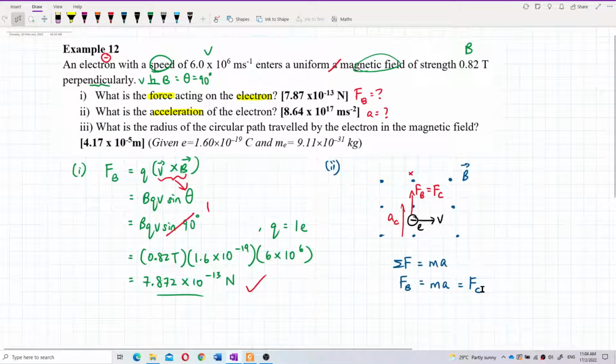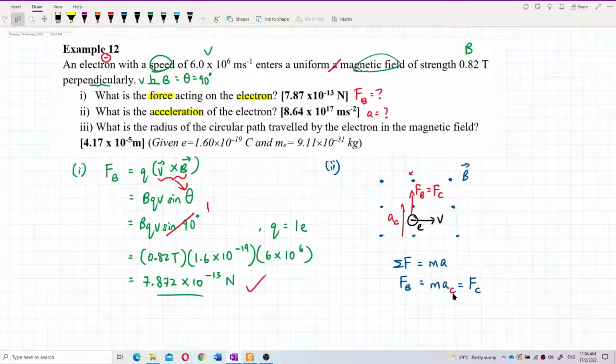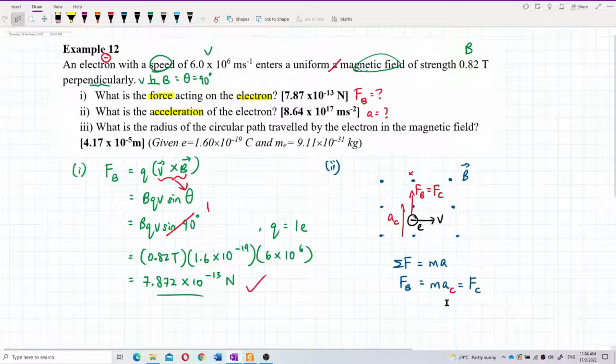And since this is a centripetal force, the acceleration is centripetal acceleration. So can we find the centripetal acceleration? Yes, you can. You already have the magnetic force, BQV sine theta, isn't it?